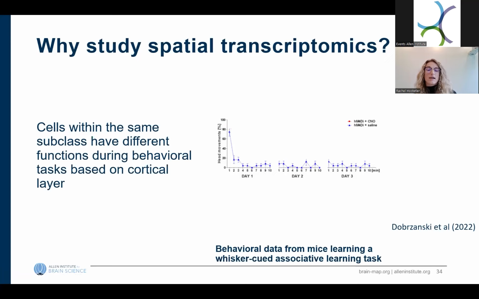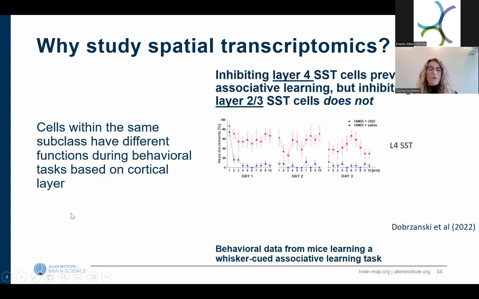On the first day, mice moved their heads a lot, and as they learned to perform this task, they stopped moving their heads. So in blue here, we see a normal trace of what it looks like when a mouse learns to do this task correctly. However, in the next step of experiments, they then inhibited SST cells, but only in layer 4.